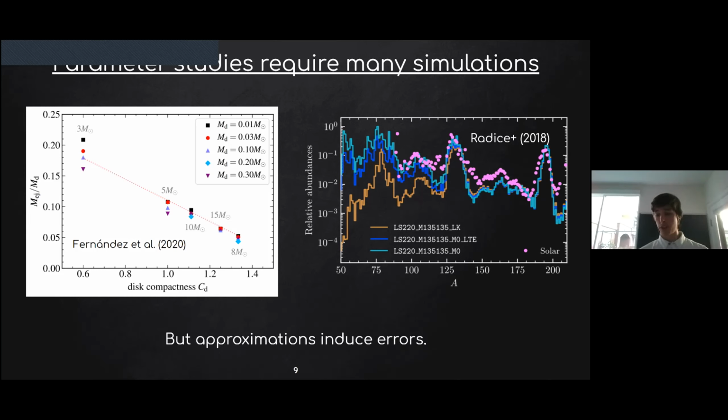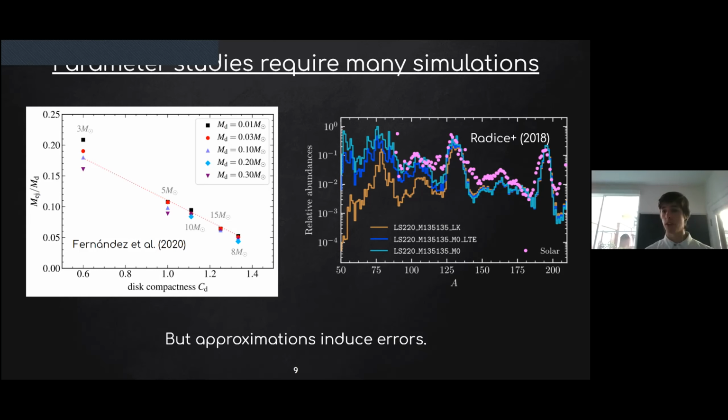But we also know that the models that we have aren't yet perfect. Arguably, they may never be perfect, but we know that they're currently insufficient. So on the right here is a plot where these purple dots are, again, the solar abundances of these heavy elements, with abundance as a function of the mass of the element. The three different lines are the results from three different simulations that are identical except for the treatment of the neutrinos.